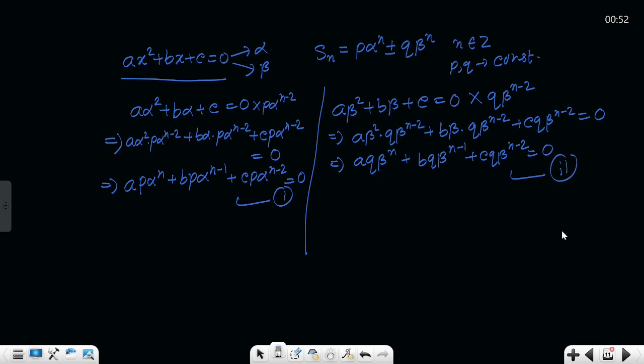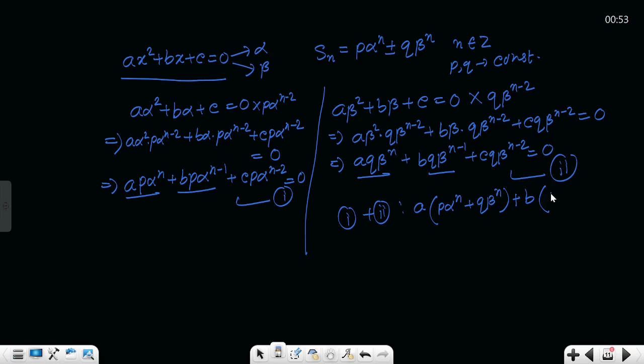Okay, so now we will add these two equations, 1 plus 2. So what we will get? From here we will take a common. So we will get a into p alpha to the power n plus q beta to the power n, plus, from these two equations we will take b common.